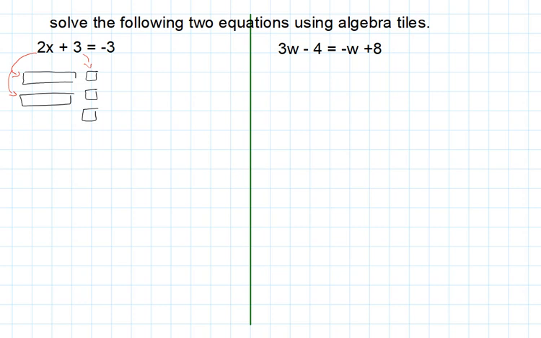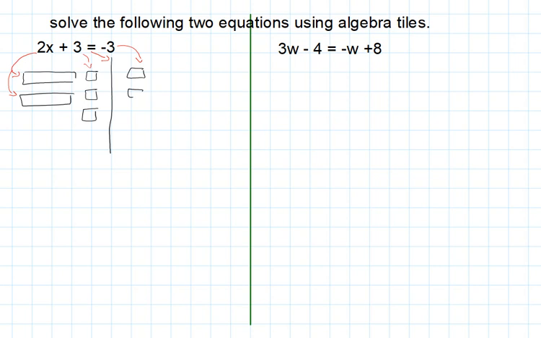Okay, if they were negative, they would be shaded. So we'll see that the equal sign is just a vertical line in between the two, so that's where the equal sign is, and the -3 is 3 squares that are shaded in.